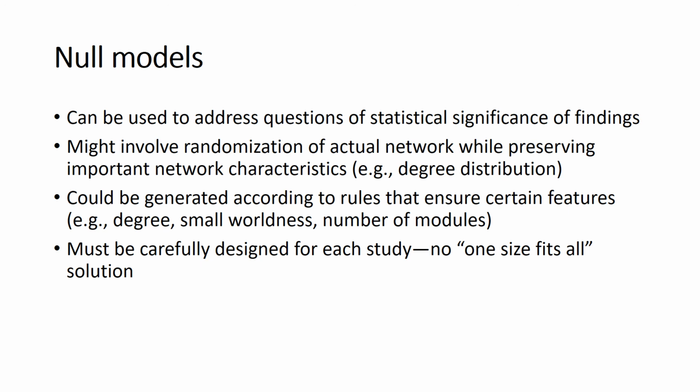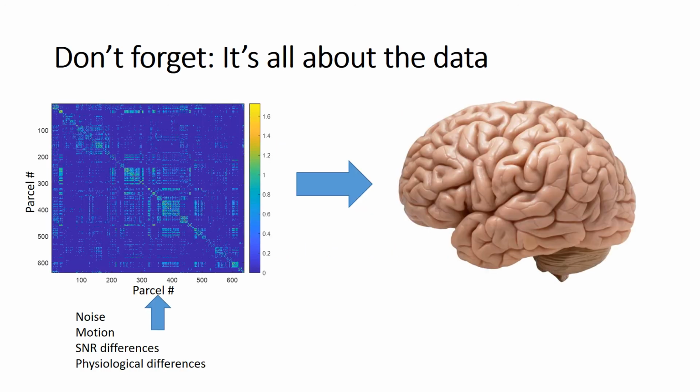Sometimes people take the approach of randomizing actual networks by randomly switching connections to try to preserve certain characteristics like the degree distribution or the average path length. You can make generative models that ensure features like small worldness, for example. But there's not really a one-size-fits-all approach, and I encourage you to look at the literature on this. There are a lot of groups doing active research in this area, and they've got some great tools.